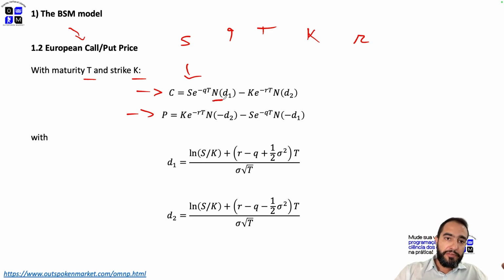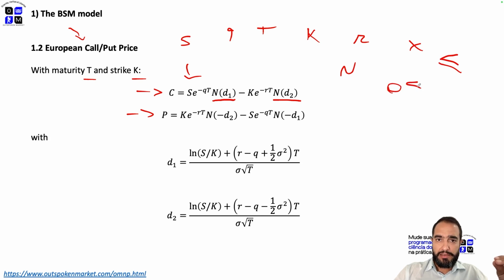And a couple of fellows over here, which are N, and d1 and d2. Now, N is a statistical formula that essentially gives you the probability of an X being equal or lower than a given value. So you can understand it as a probability that will always be between 0 and 1.